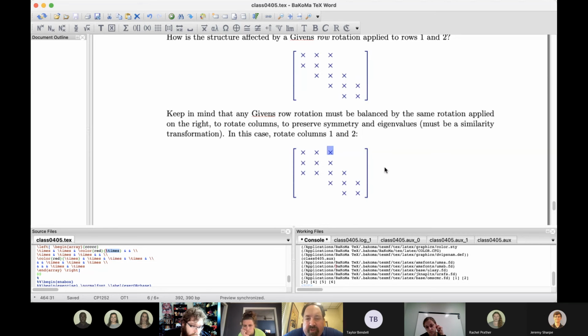Because if you do a given rotation that rotates this row and this row, it only affects those two rows, and then when you apply it on the right, it'll affect only those two columns. So then you can say, okay, now I can make something that will make this go away and this go away. Those x's are gone, but what new x's will appear, and where will they be? That's the thing to find out.